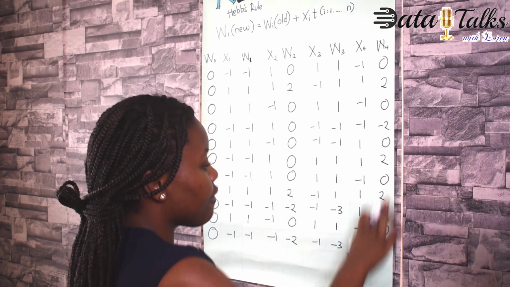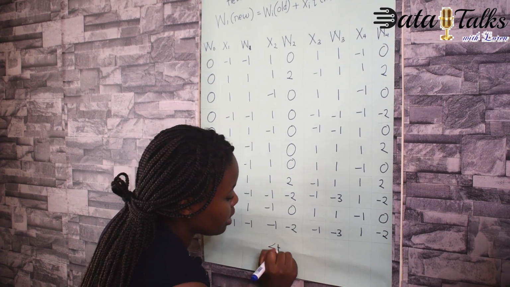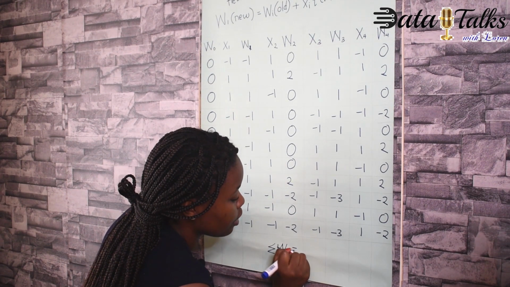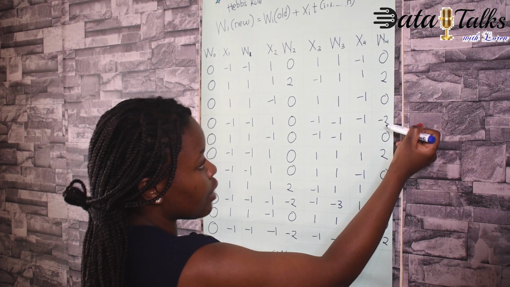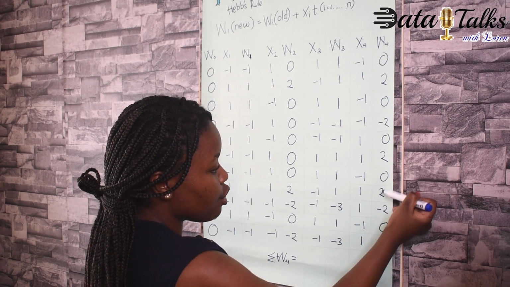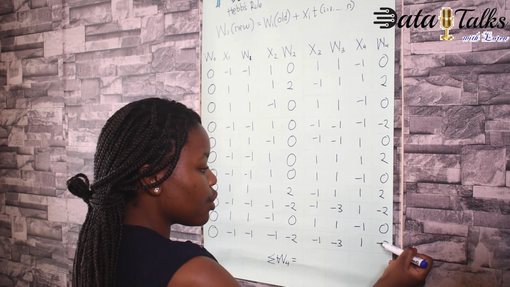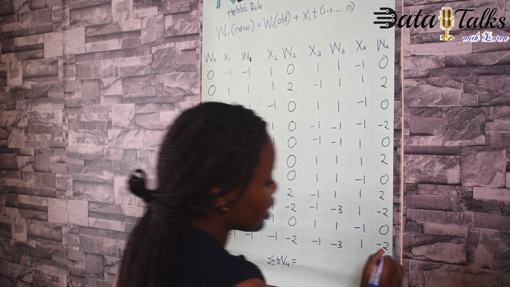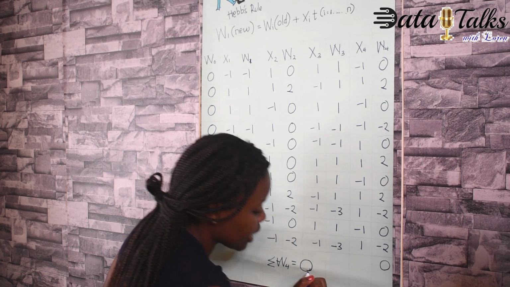So the total of the final weights is what we need. When you add the total, you get 2 plus negative 2, that is 0, plus 2 you get 2, plus 2 you get 4, plus negative 2 you get negative 2, plus negative 2 you get 0. So our overall weight is 0.